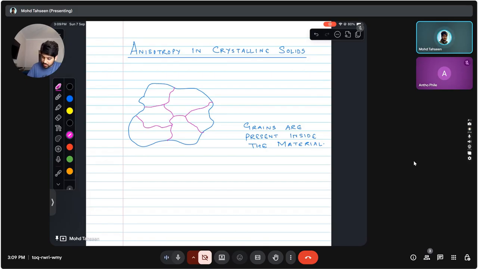So what are these grains basically? The grains themselves could be called regions which have a regular crystal structure. If you look inside one grain, the situation is something like this.